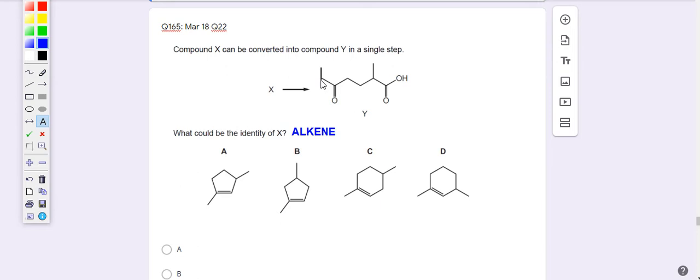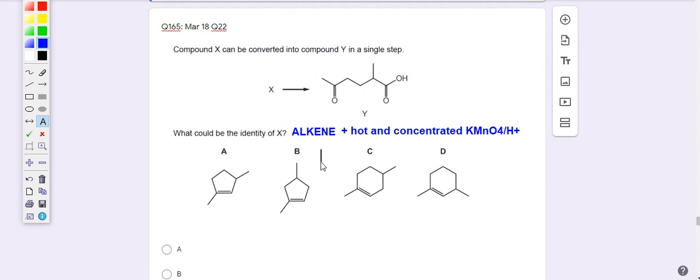The only reaction that you learn in the A-level syllabus to break open the double bond in the cyclic compound is to react the alkene with hot and concentrated acidified KMnO4.